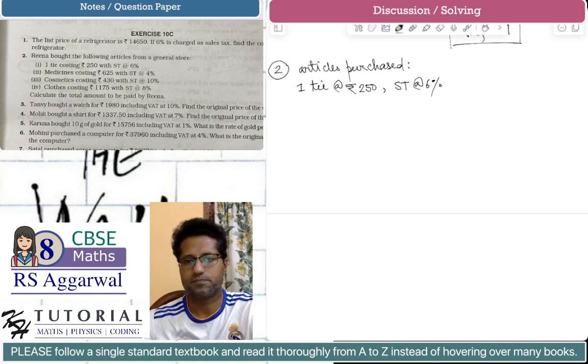So we have this one tie at the rate rupees 250. So this means this is the selling price.